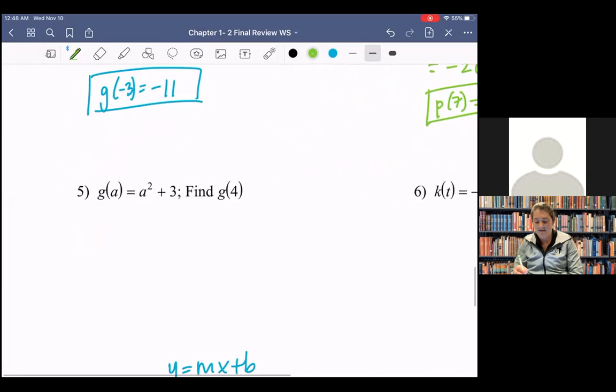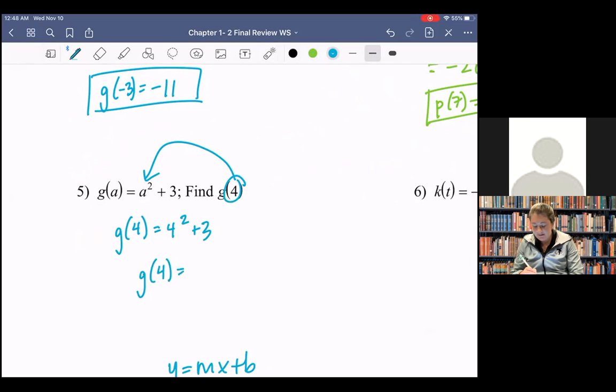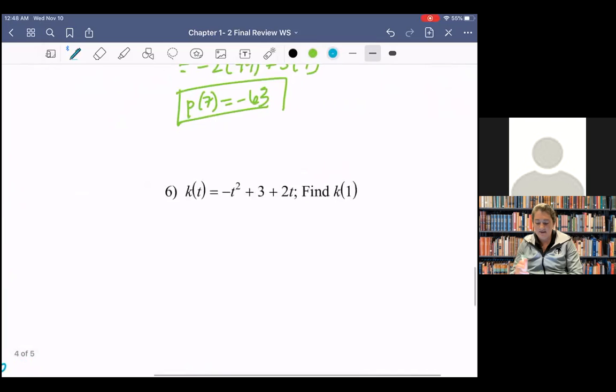Awesome. Okay, number 5. Let's go ahead and plug in 4 for a. So g of 4 is 4 squared plus 3. I think that's just 16 plus 3, which is 19. So g of 4 equals 19. And number 6, plugging in 1. So I'm plugging in 1 where the t's are.